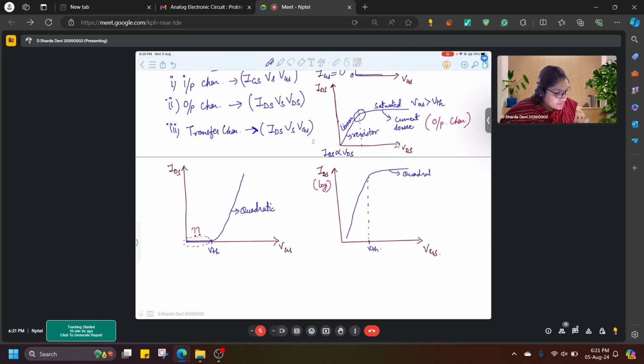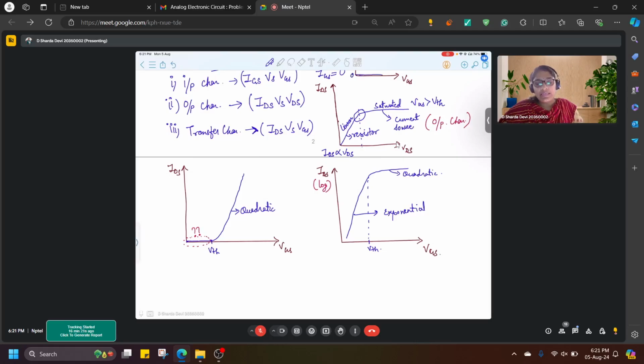So here it is quadratic in nature, whereas in this particular region, it is exponential. Okay? So we call this the subthreshold region, that is, less than VTH.